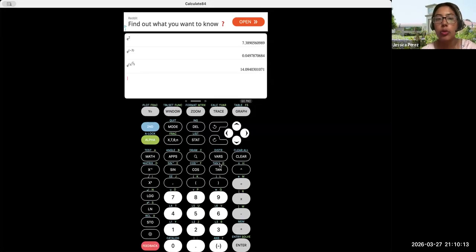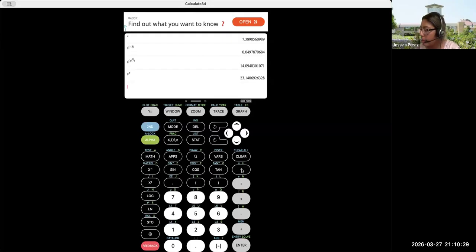So rounding to 4 decimal places, and last but not least, e to the pi. Second e, and then pi is right here where the caret is, second pi. Hit enter, and you should get 23.14069.